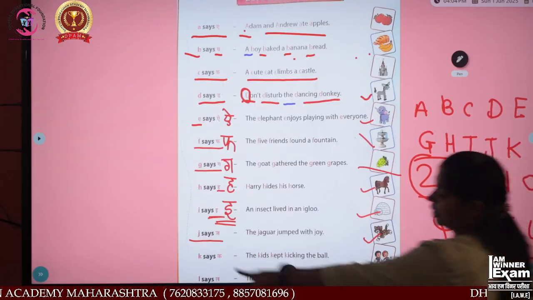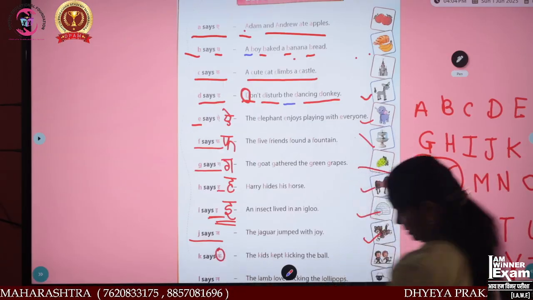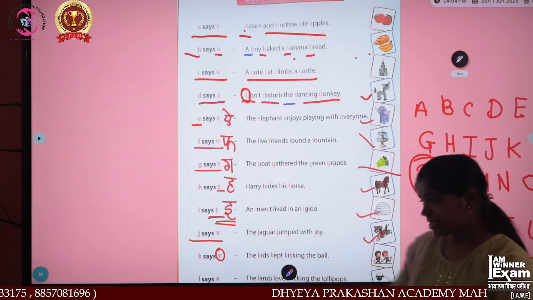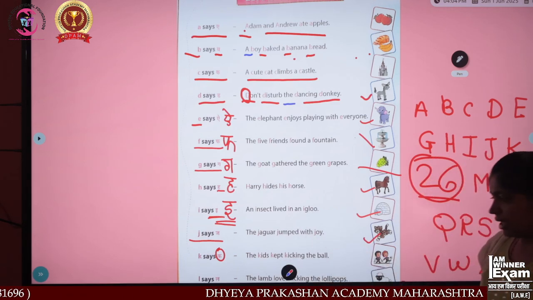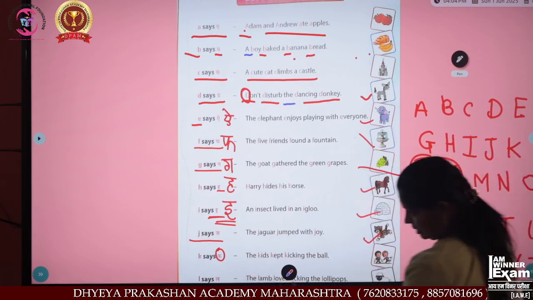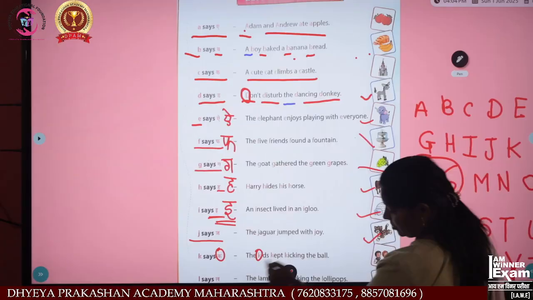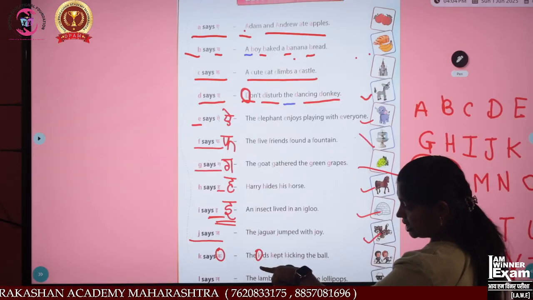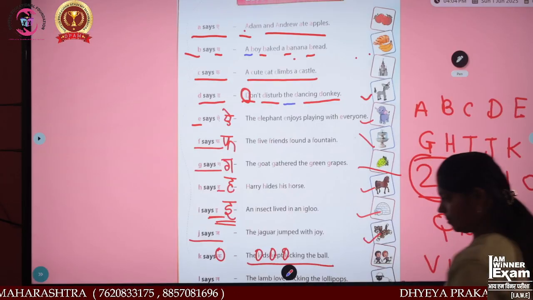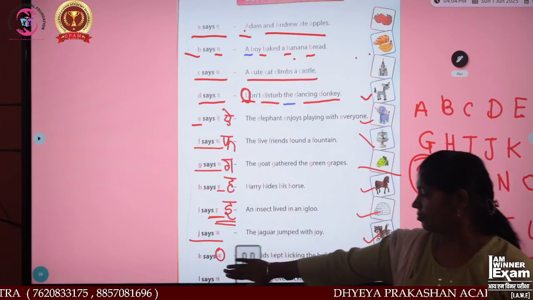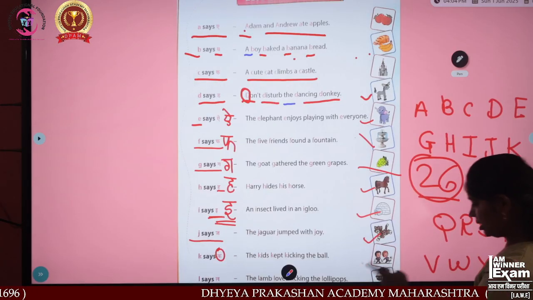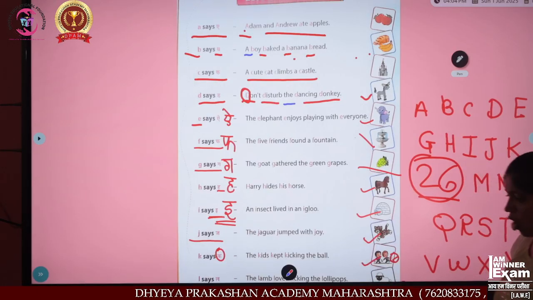Next, K says K. Sentence is the kids kept kicking the ball. In kids, first K. Kids, kept, and kicking.